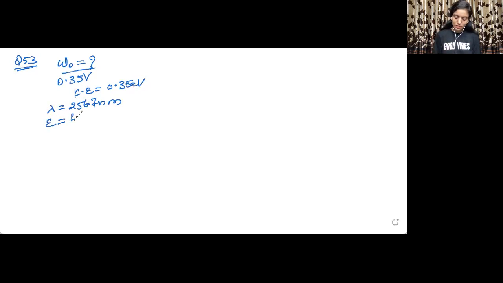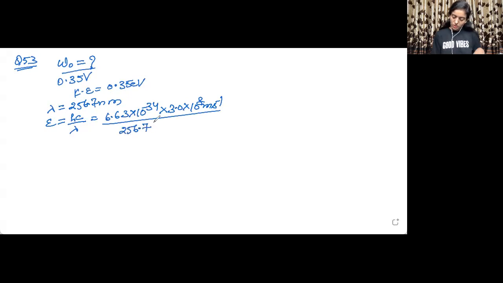So E is equal to hc upon lambda: 6.63 into 10 raised to the power minus 34 into 3.0 into 10 raised to the power 8 meter per second, upon lambda, which is 256.7 into 10 raised to the power minus 9 meter. Now see here, this is the velocity of light, the velocity with which photons move. They are microscopic particles, so in the previous question there is definitely a discrepancy in the values of velocity.